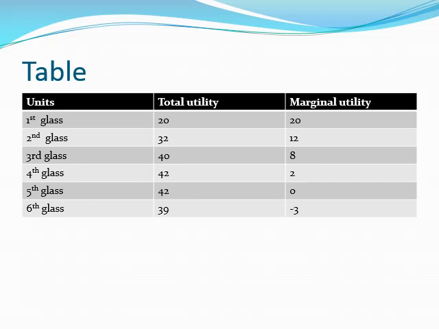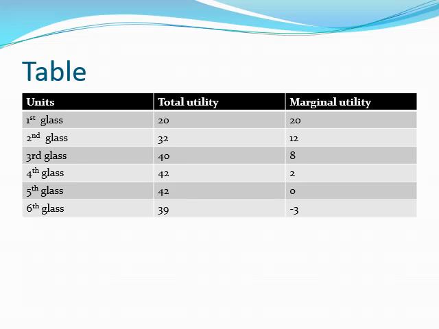The total utility is 20 plus 12 equals 32, and the difference between the second total utility and the first total utility is 32 minus 20 equals 12. Let's move to the third glass. The third glass gives 8 marginal utility. 8 plus 32, the previous total utility, equals 40.